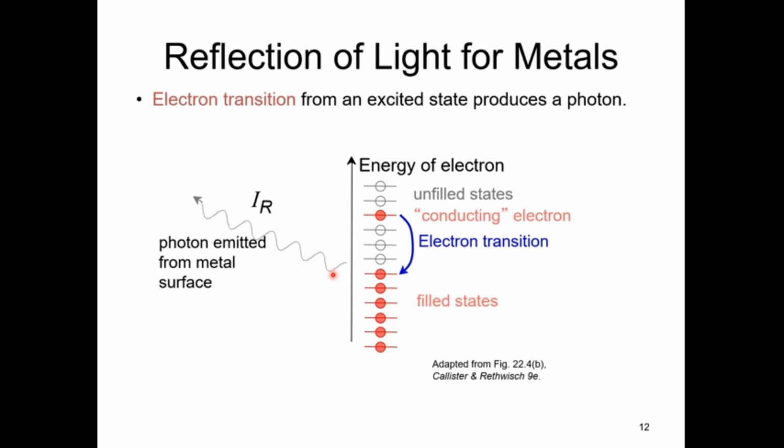If we have metal as our material, the energy in terms of photon will be emitted from the metal source, and this is called reflection of light.